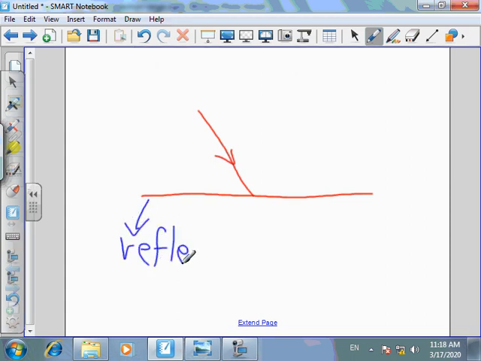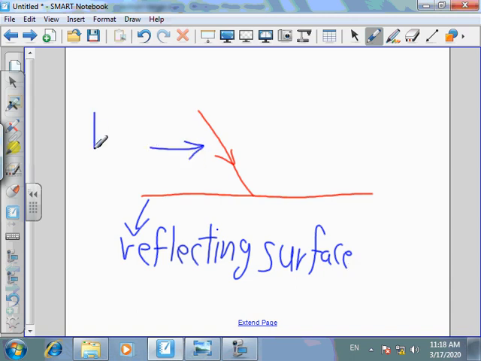Here is the light ray which is falling on the reflecting surface, so it's called incident. Incident means the falling down light ray.